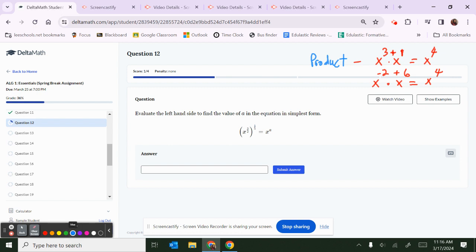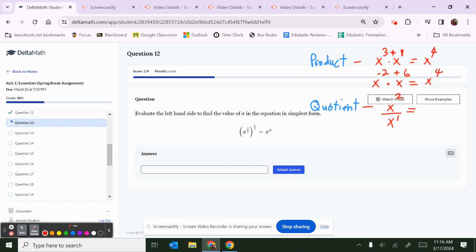The next rule you need to know is the opposite of the product rule. That rule is called the quotient rule. The quotient rule states that when you're dividing things that have the same base, you are going to not add exponents, but subtract them.